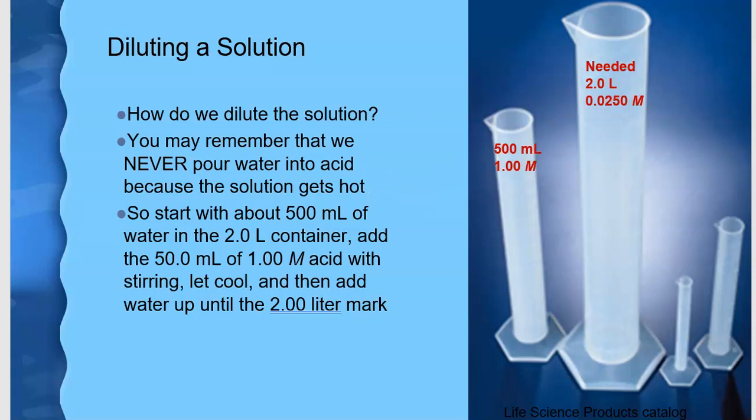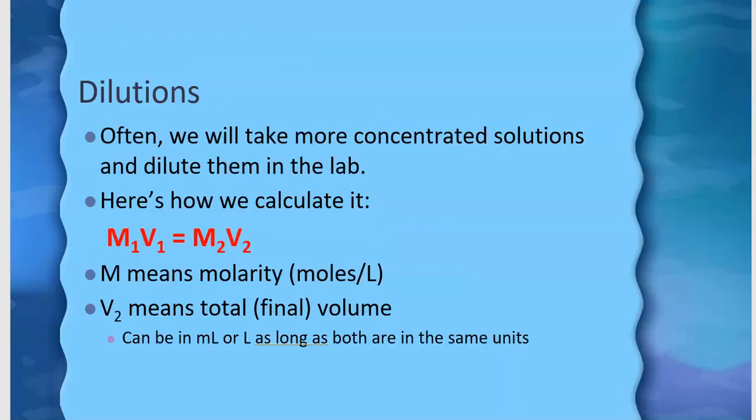So take this process and we can make it into a formula. Okay, and here's how I calculate it. Molarity times volume, ooh, that's millimoles. The millimoles I start with, M1V1, has to be equal to the millimoles in my dilute solution, M2V2. So my M is molarity. And one thing to note is that V2 is my total final volume.